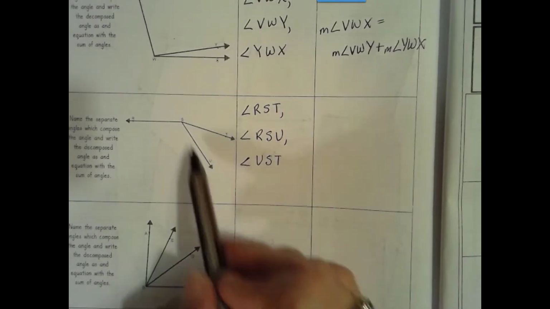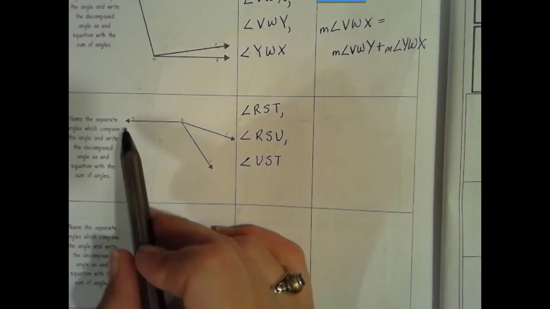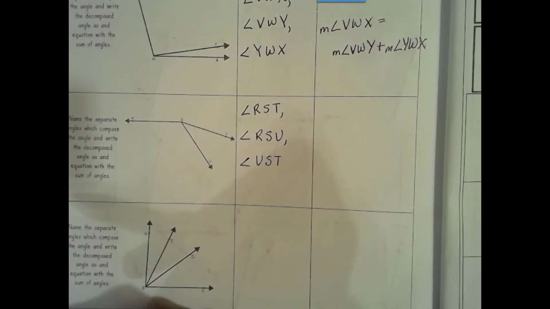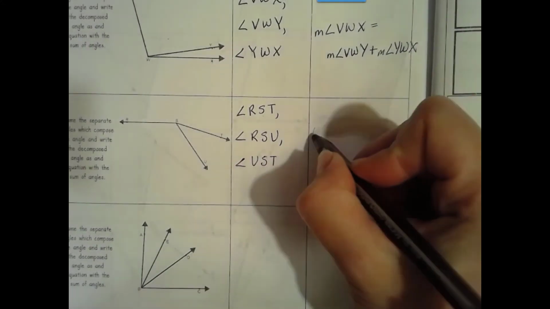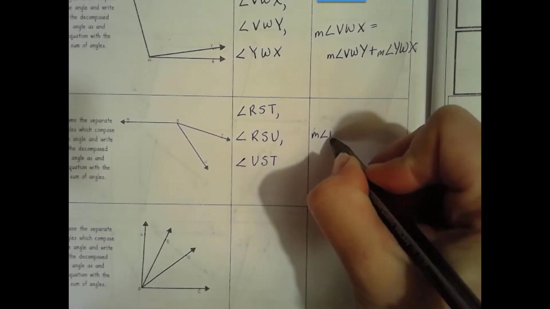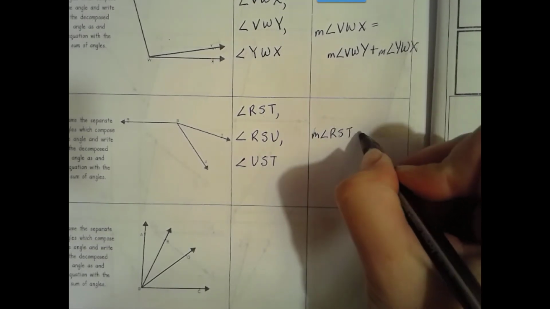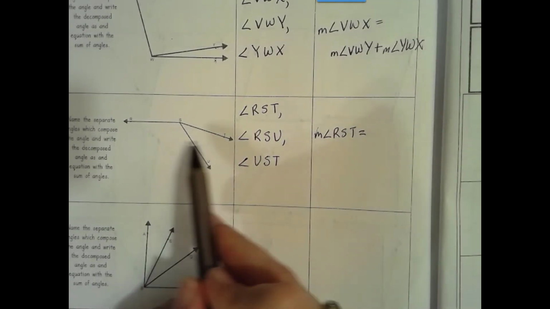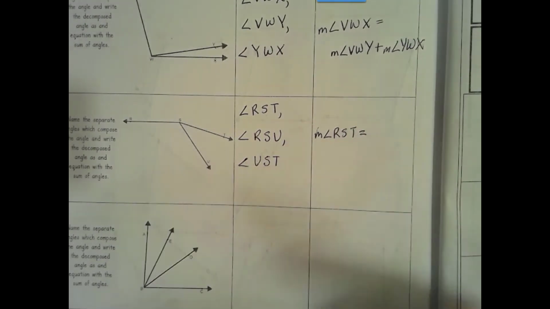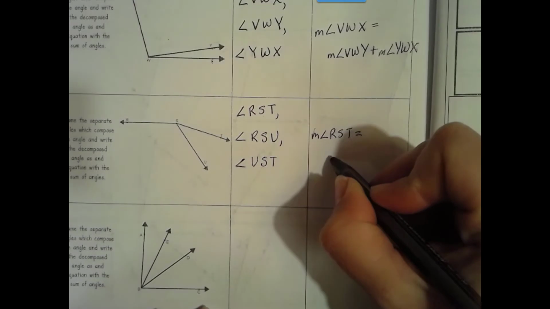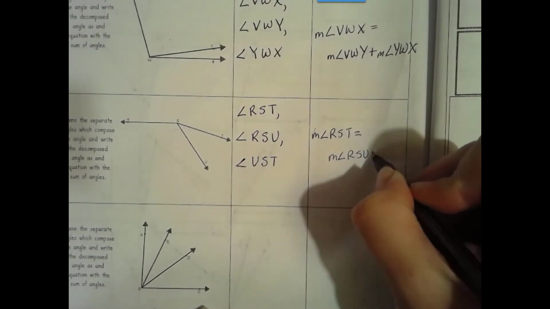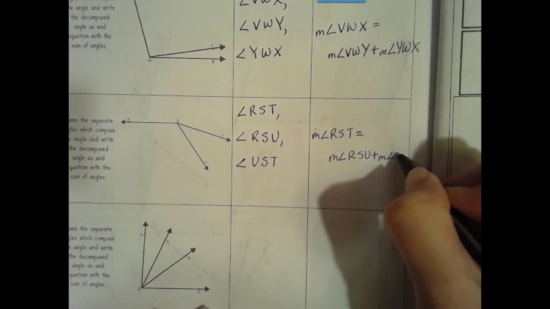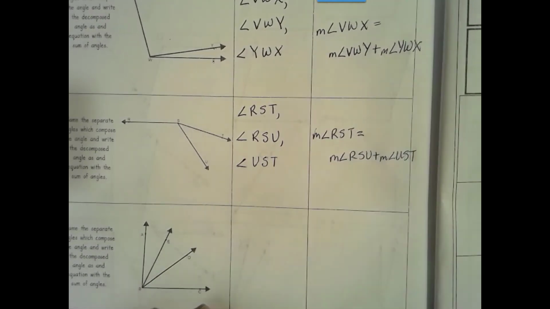This could also be TSU, and this one could have been USR. Okay, now as our equation, well, the largest angle is equal to these two added together, the sum of these two. They're being composed together. So the measure of angle RSU plus the measure of angle UST.